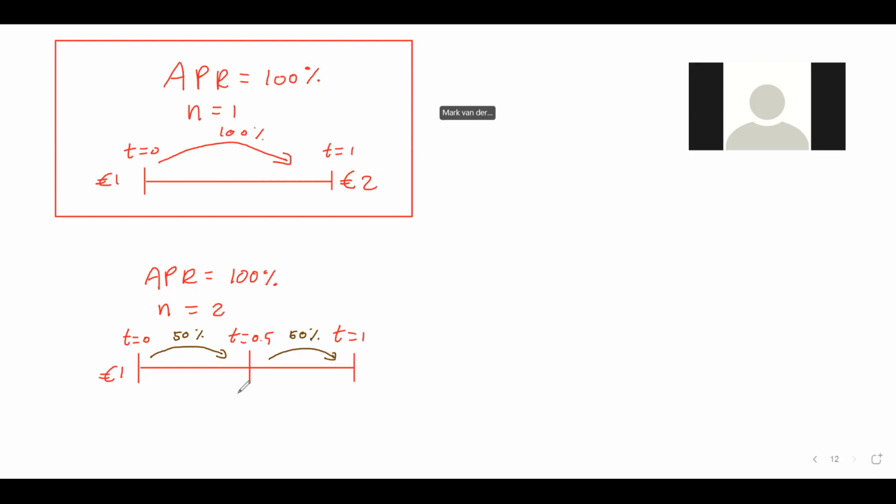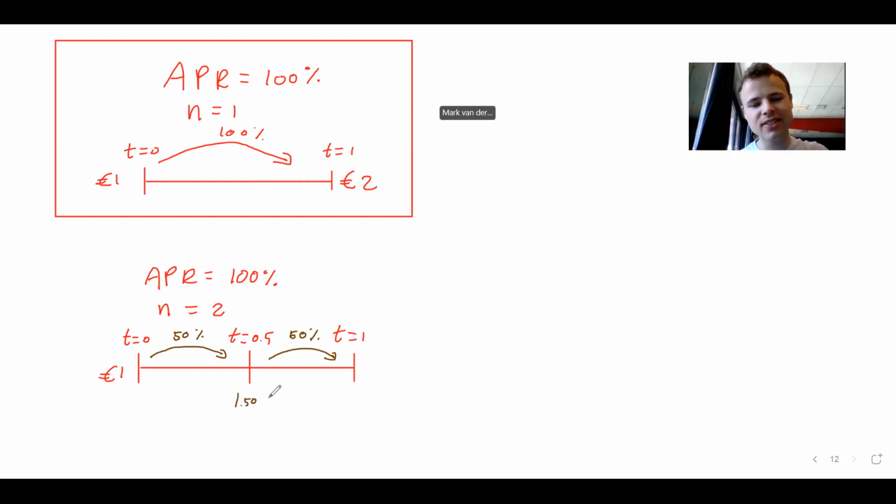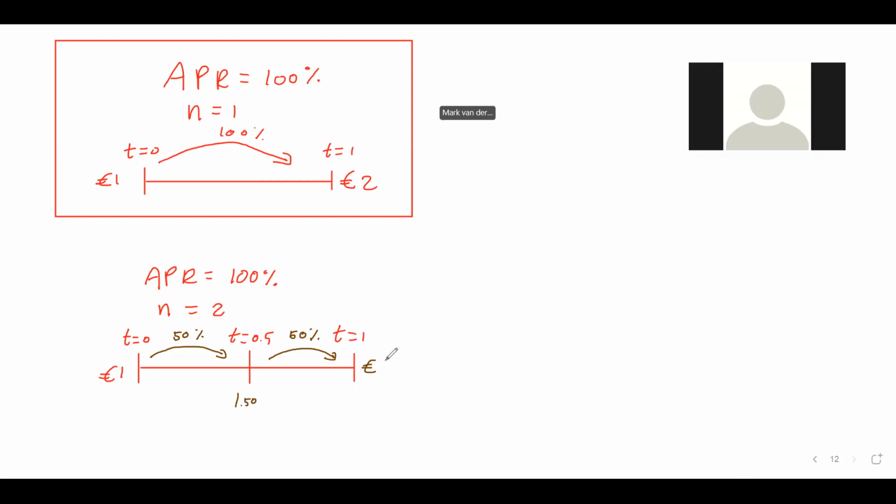1.50. Yeah, 1.50. And now the interesting thing, now I get 50% over that 1.50. How much do I get? How much do I end up with? So 1.50 times 1.5. 1.75.